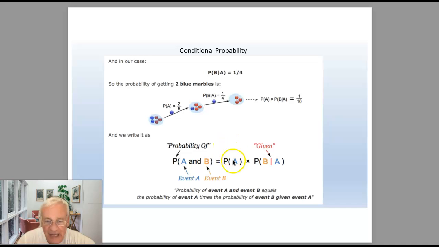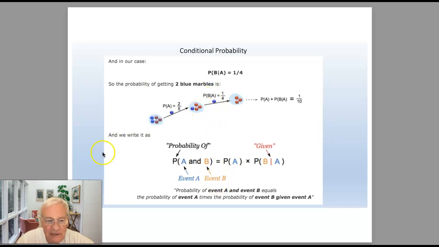We took the probability of A happening times the conditional probability, the probability of B happening given that A happened. We took these two numbers and multiplied them together to get the probability that they both happened. So this second probability right here, the second stem on the tree, that's the conditional probability right there.